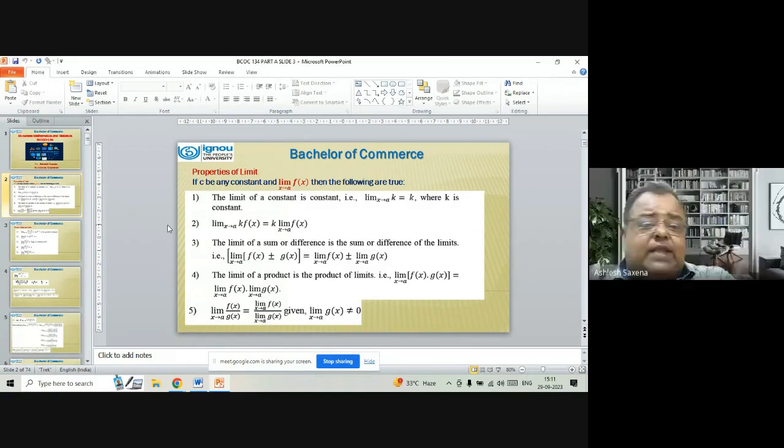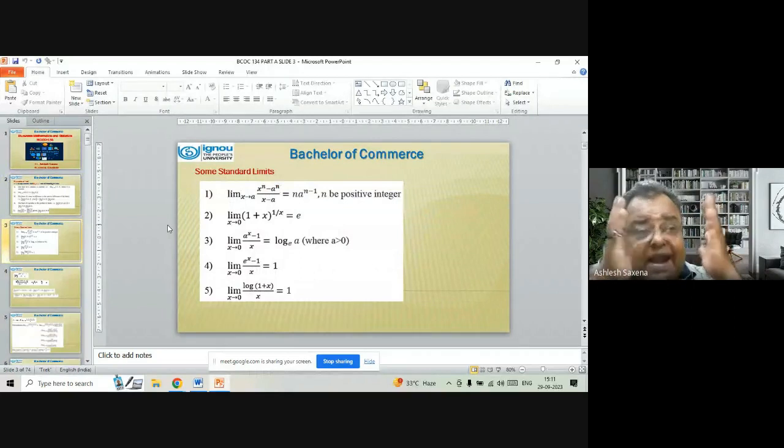I said that there are five different properties by which limits are applied. Now we have some standard limits. If we have a problem in this specific form, whatever is on the right side, in front of the equal to sign, will be its answer.